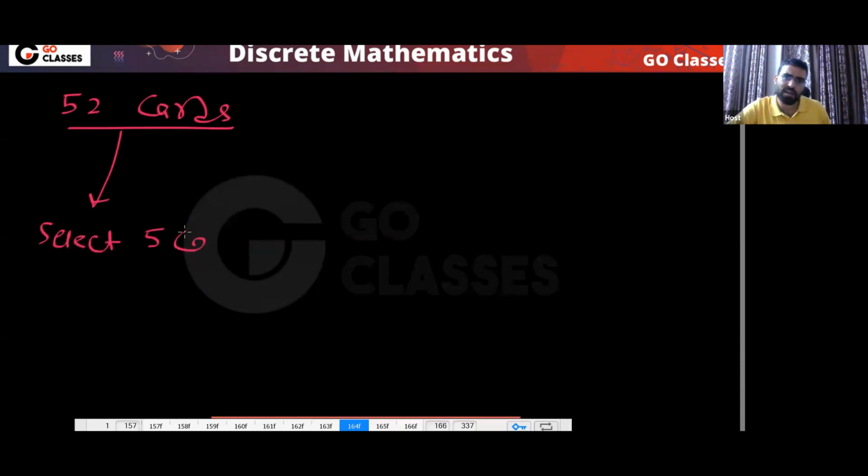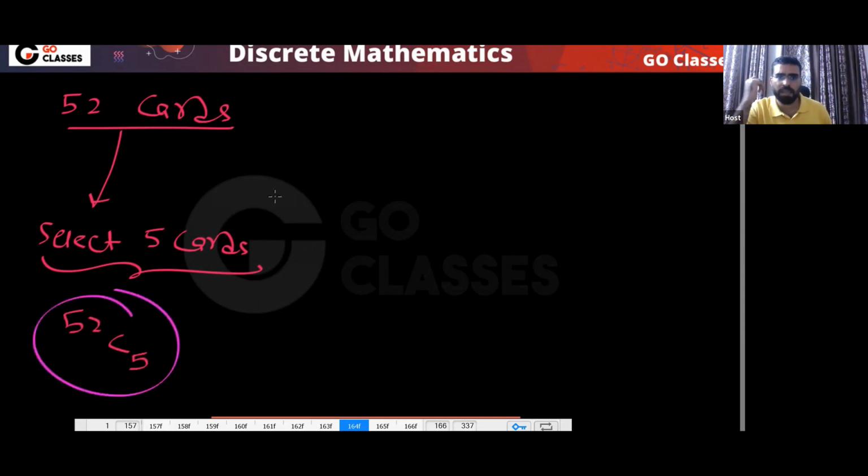Just think about it. If you have a total of 52 cards and I select 5 cards, what does it exactly mean? It means 52C5. And if I'm selecting 5 cards, that automatically means I am rejecting the remaining cards.